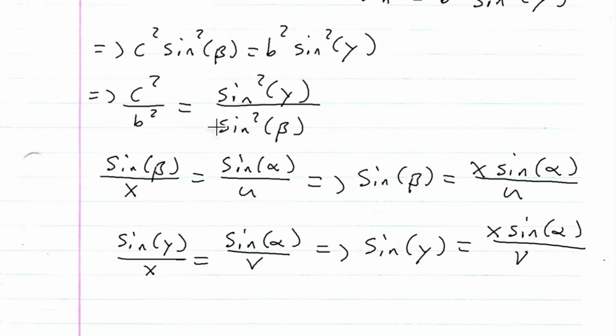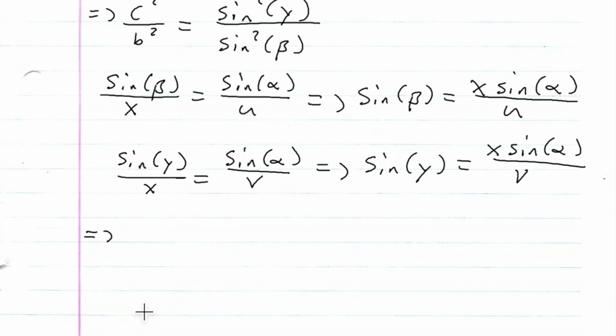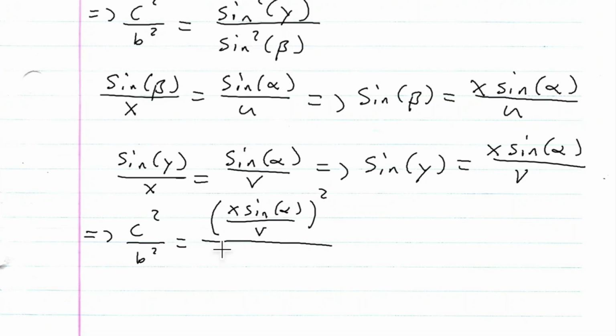Now, I know, so this implies, so let me move down. So this implies that c squared over b squared is equal to, so sine squared of y is the same thing as x sine of alpha over v squared, over sine of beta, which is x sine of alpha over u squared.